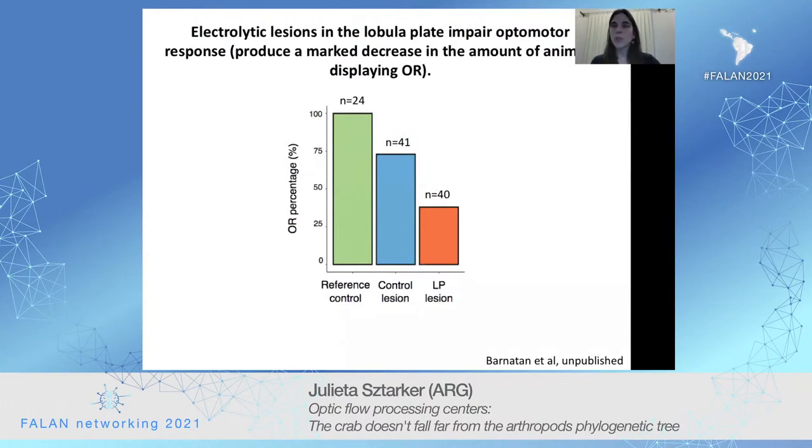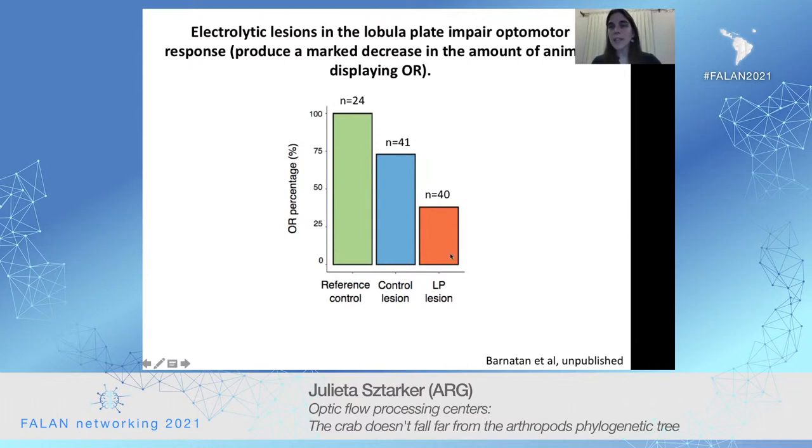The results show very strikingly that animals lesioned in the lobula plate display a much poorer optomotor response. Many of the animals did not respond at all to optic flow. You can see here that only about 40% of the animals respond to the panoramic movement, while control animals respond about 100%.